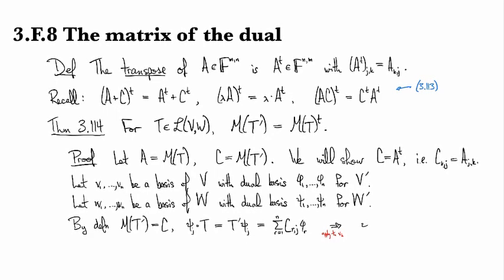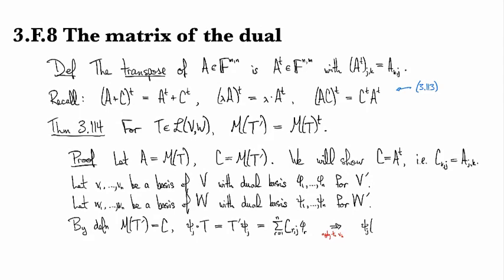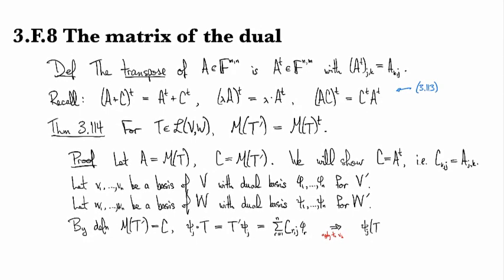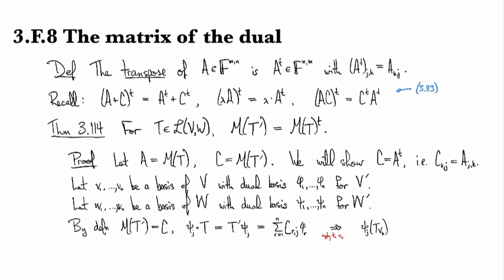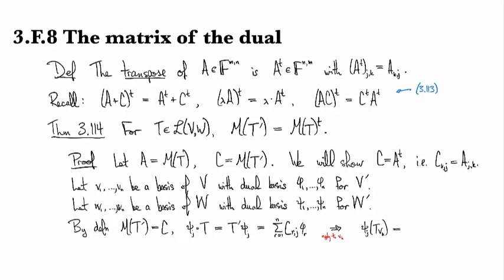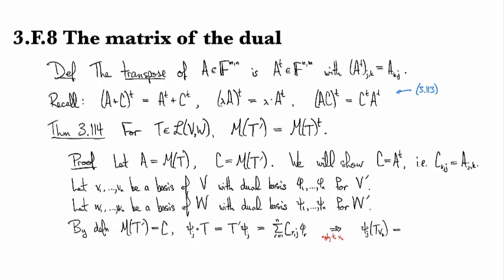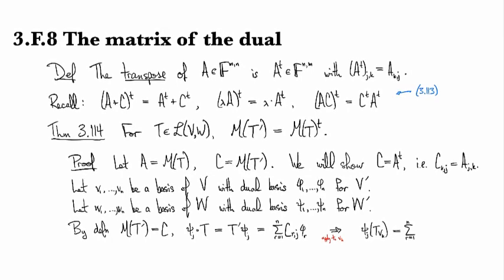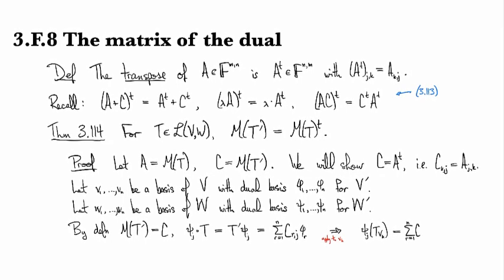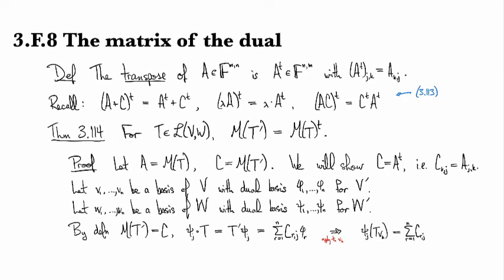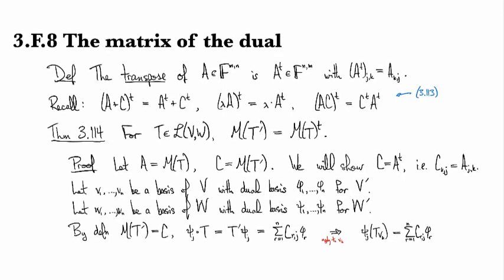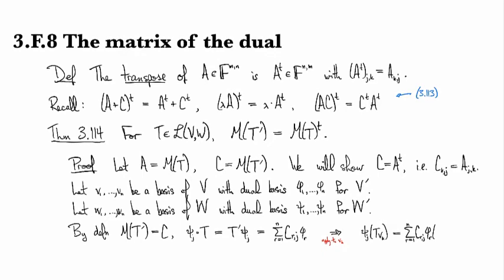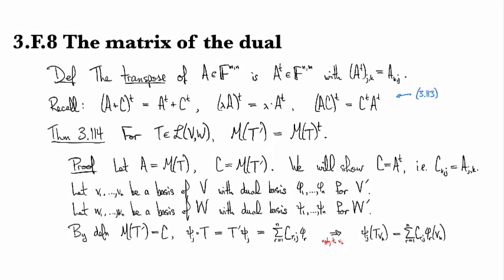On the left side we have psi j composed with T applied to v_k. And on the right side we have the sum r equals 1 to n of C_rj phi r applied to v_k.